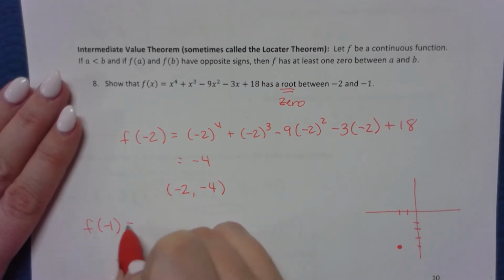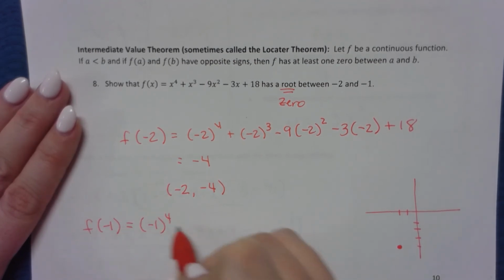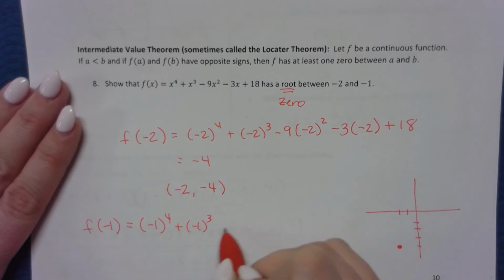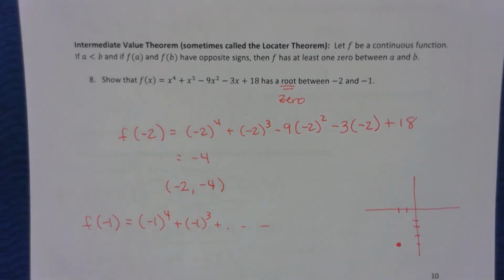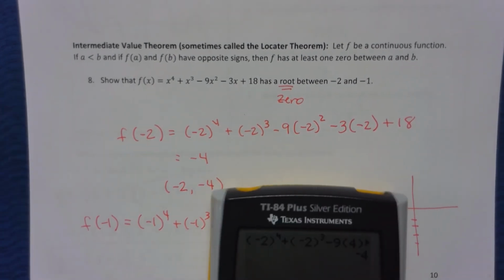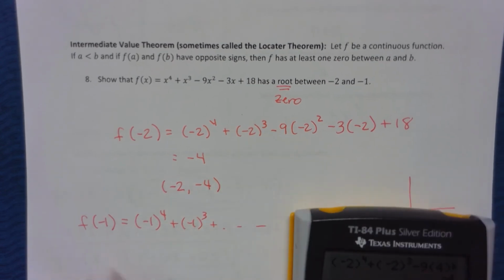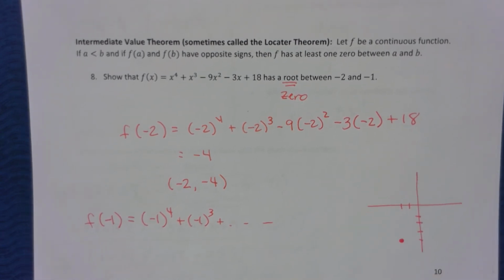Now let's plug in -1. So f of -1, you know what to do, right? I'm not going to write it all out, to save us some time. We get 12.